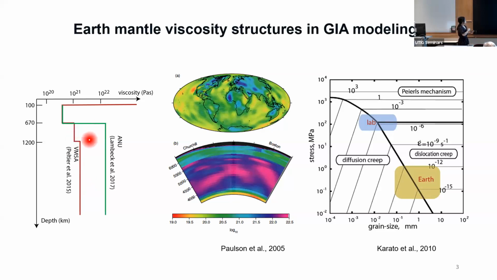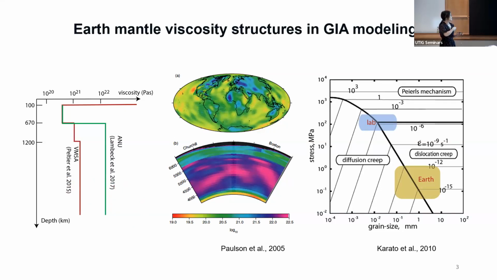Another group, Lambeck's group, also has their own ice model, and you can see the green curve. They have a very large, almost one to two orders of magnitude increase from the upper mantle to the lower mantle. So this is a very contrasting viscosity structure.